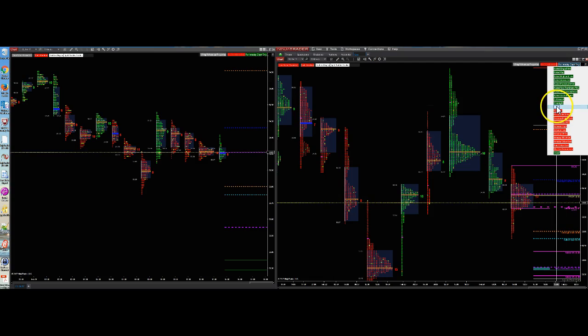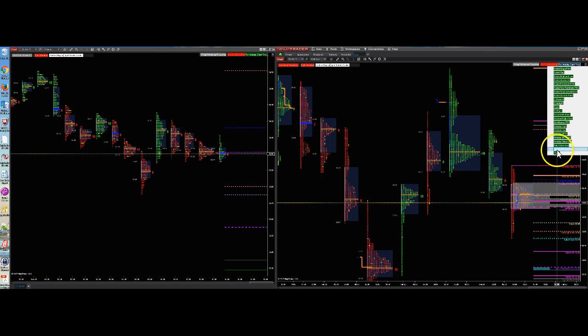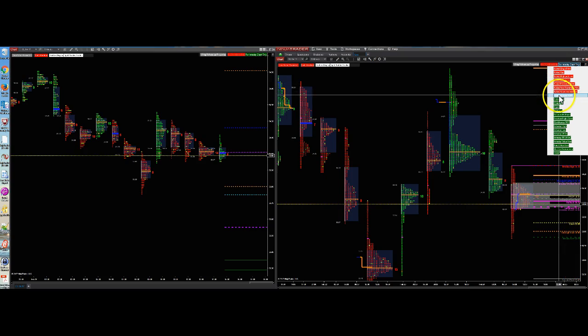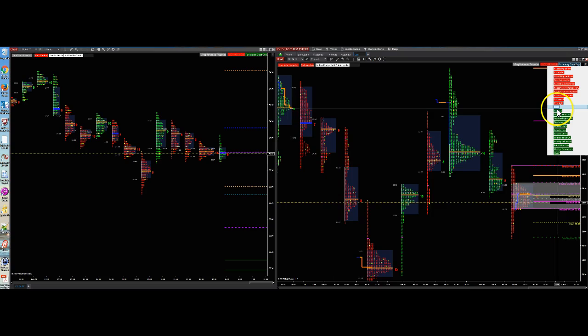But just to show you that you can use the mmap reference from the Pro Suite package to add key reference lines on the chart to help you out in your trading decisions.